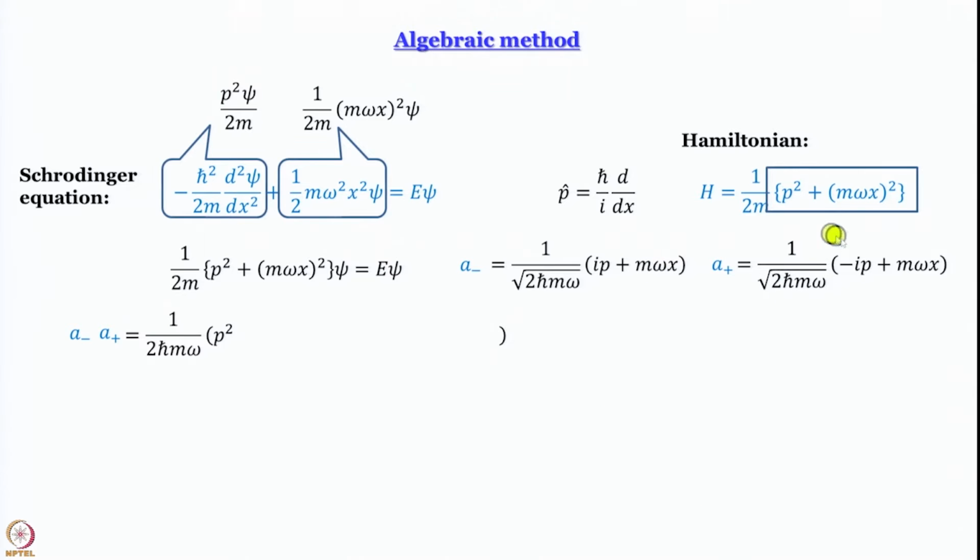So, i into i is minus 1 and there is a minus 1 already, so that becomes plus 1. P dot p is written as p square. At the risk of boring you, let me repeat once again, p is an operator and not a number. P square is an operator and not a number. Great. I think we have said it enough number of times now. Let us go ahead. So, the first one is p square.